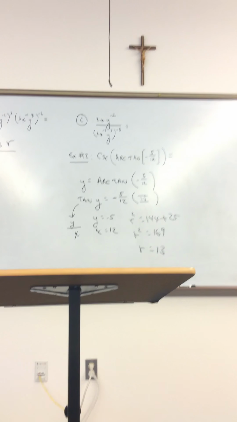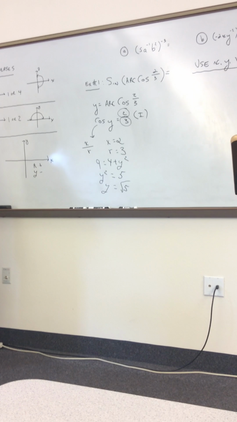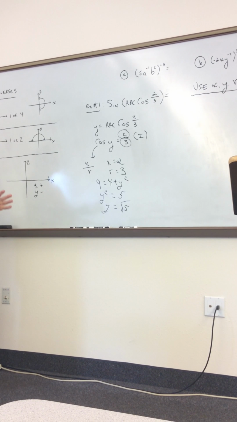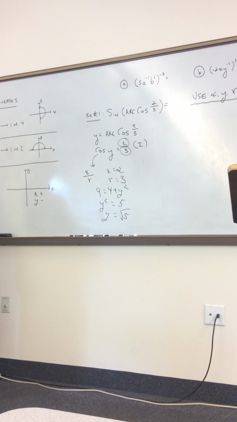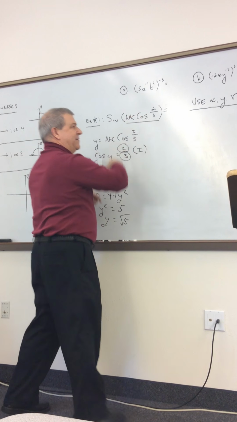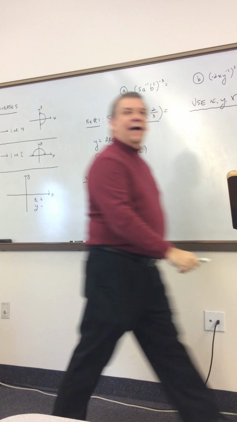What do you think you're going to do to continue the problem? Now go back to the original problem. Boys, pay attention here. Go back to the original problem. This said the sine of that. This says the cosecant of that.